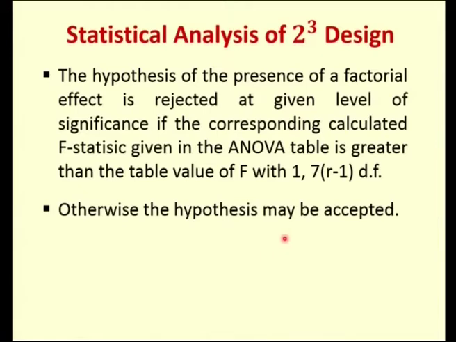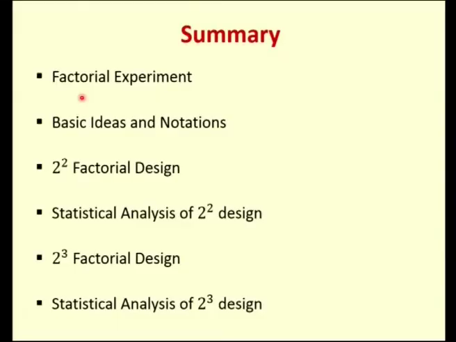And based on our discussion, the summary is: we have discussed the factorial experiment, the basic idea and notations about the factorial experiment, and also the 2 power 2 factorial design and its statistical analysis, and the 2 power 3 factorial design and its statistical analysis.